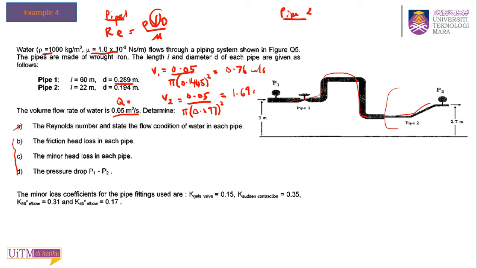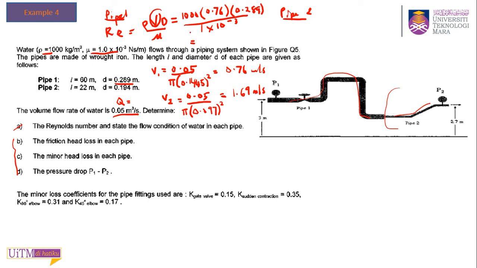Okay, and when you get all these velocities, you can plug them into the Reynolds number equation to calculate the Reynolds number. 1000 times V1, 0.76, times D, the diameter of pipe 1, 0.289, divided by mu, 1 times 10 to the power minus 3.